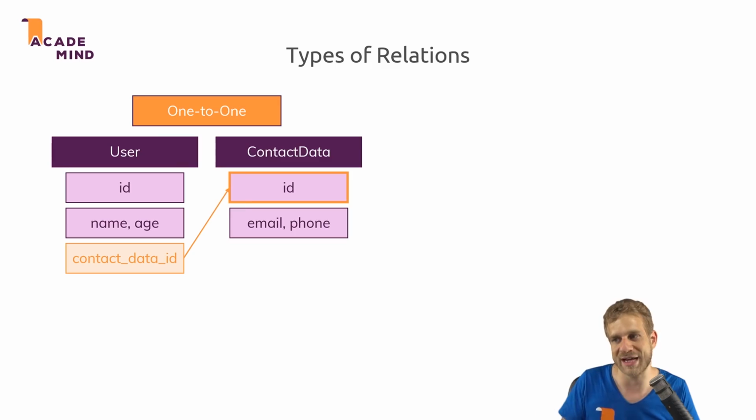You could also add a user ID field to the contact data table and point at the user to which it belongs. We can also have one-to-many, and strictly speaking, our one-to-one here would be one-to-many because since we don't assign a user ID to each contact data, theoretically, one contact data could belong to multiple users.